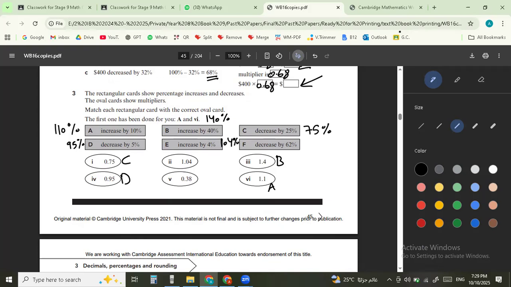Divide by 100, 1.04. F, decrease by 62%, minus it from 100 is going to give you exactly 38%. Divide by 100 is going to give you 0.38, and this is the multiplier of F.